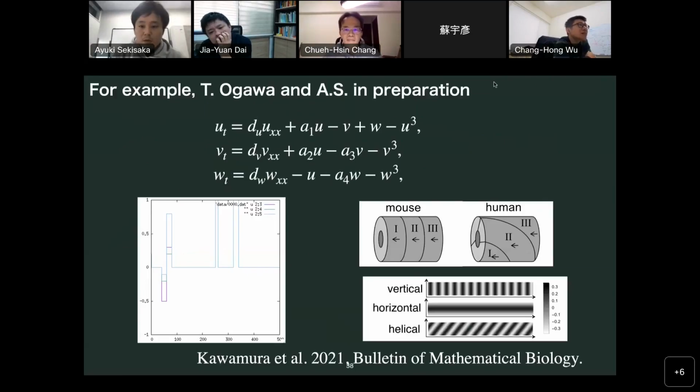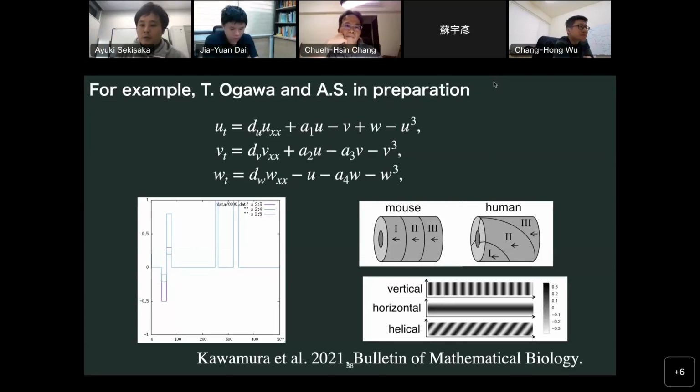Yes. So for the traveling wave solution, is the stability already done? The existence problem is not done. So we assume traveling waves exist in such three component system. However, we can prove the stability of such waves.